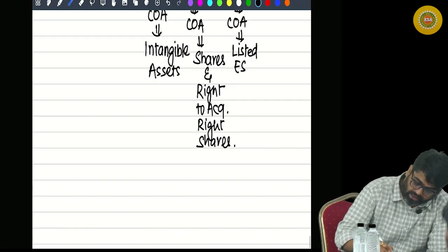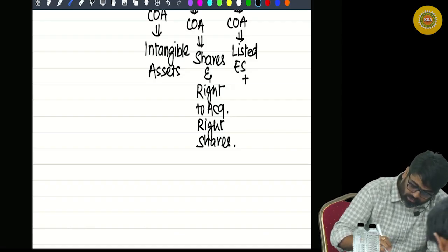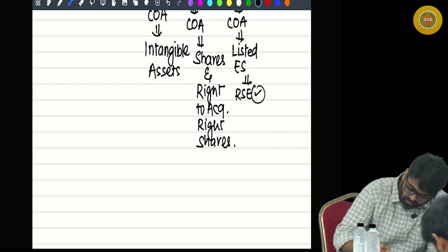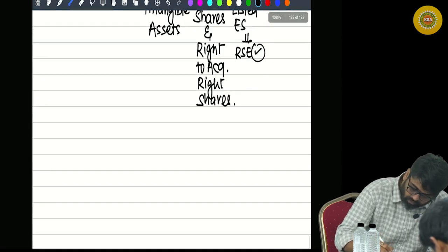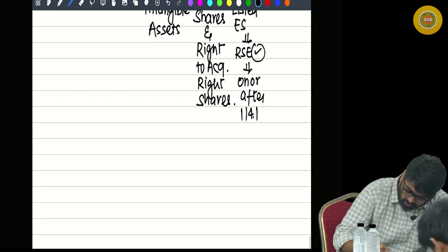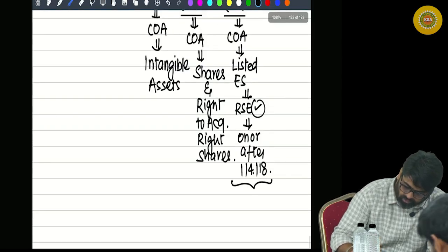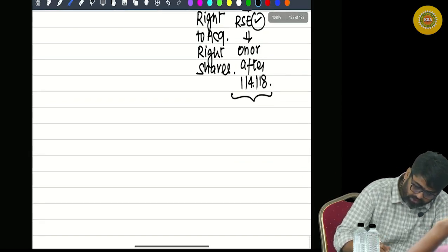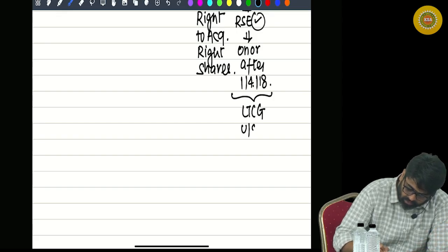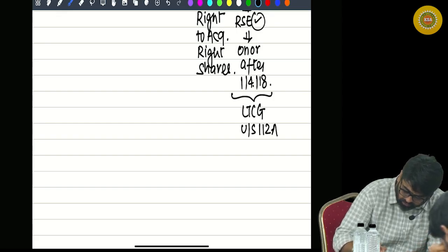So can I say listed equity shares which are transferred through recognized stock exchange on or after 1st April 2018, and on the transfer of these shares, the long-term capital gain is to be computed under section 112A.